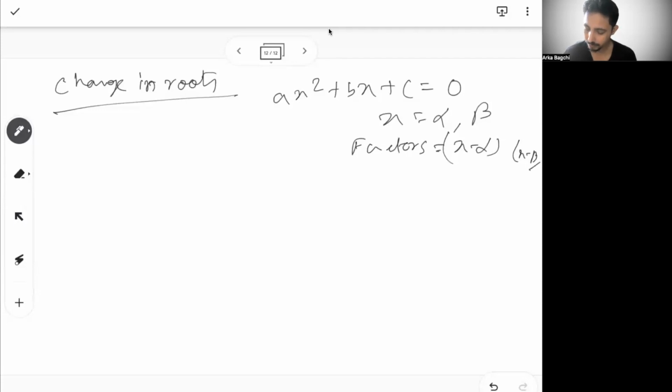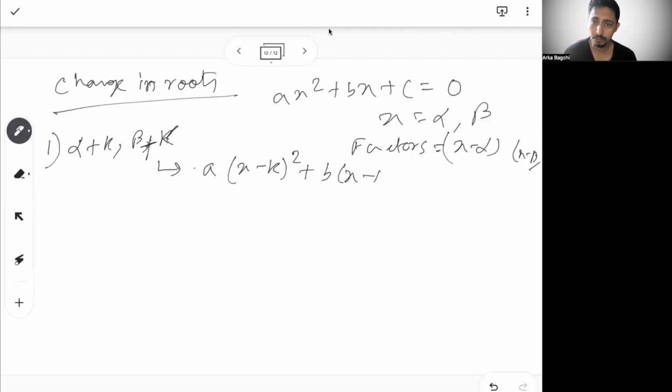But let's say in the first case, your roots change from alpha and beta to alpha plus k and beta plus k. So your roots are changed. Then what will be your equation? Your equation becomes a into x minus k whole square, plus b into x minus k, plus c equal to 0.